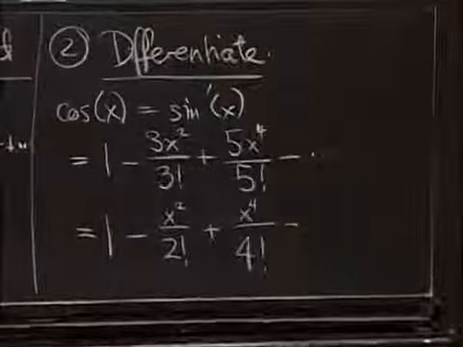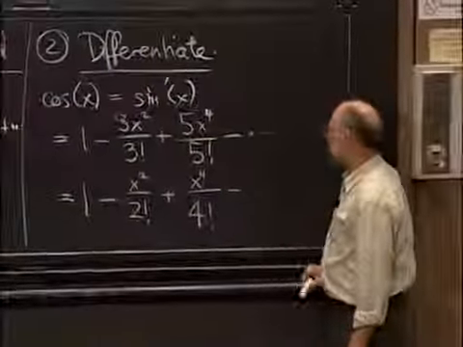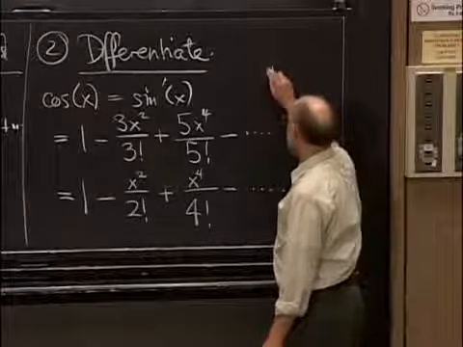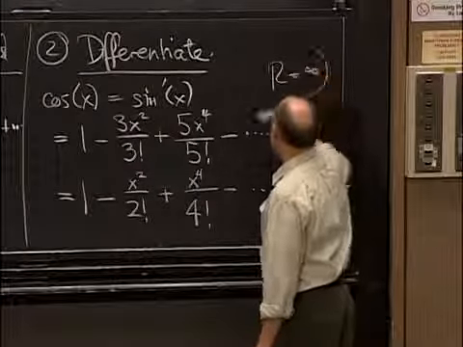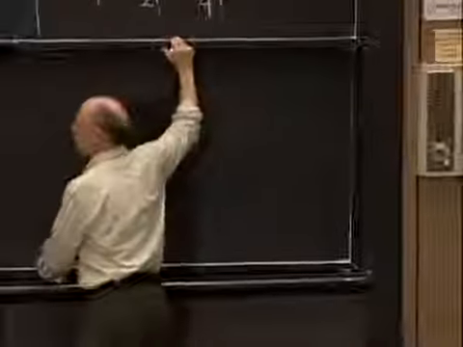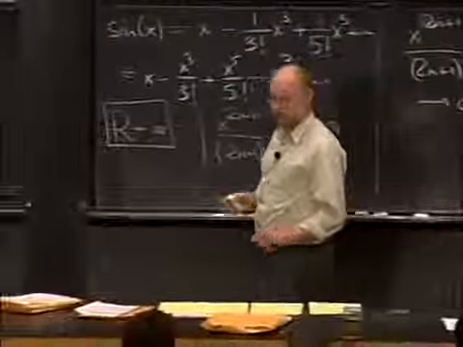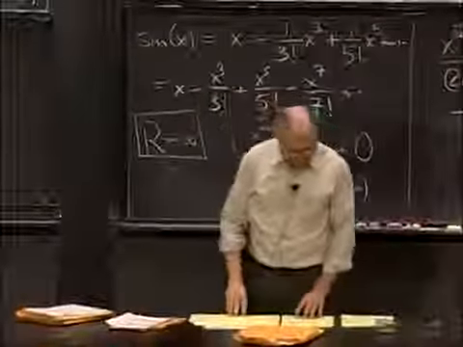But here's a cleaner, simpler way to do it, because we already knew the derivative of the sine. When you differentiate, you keep the same radius of convergence.